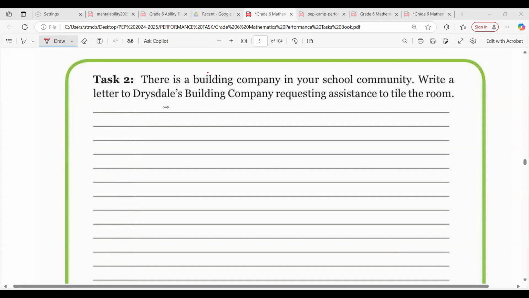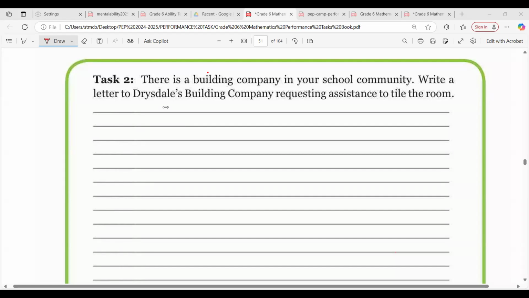Dear Darrell's Company, I am writing to recommend Darrell's Company for any construction or renovation projects in your school community. As a member of the community, I have witnessed firsthand the exceptional work and dedication of Darrell's Building Company.